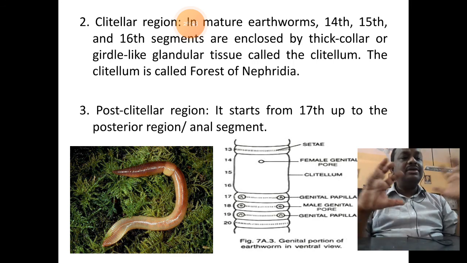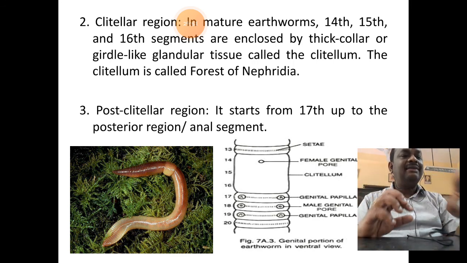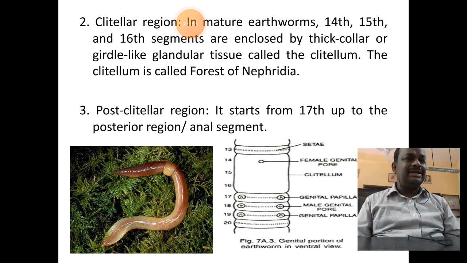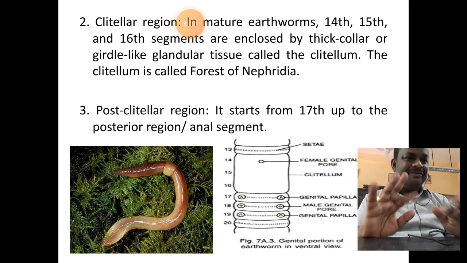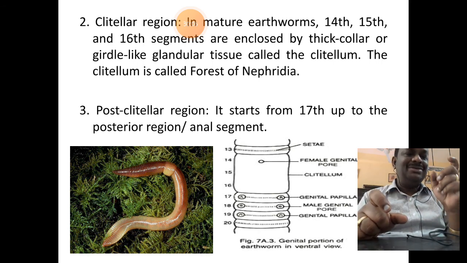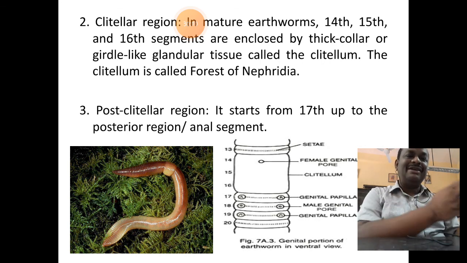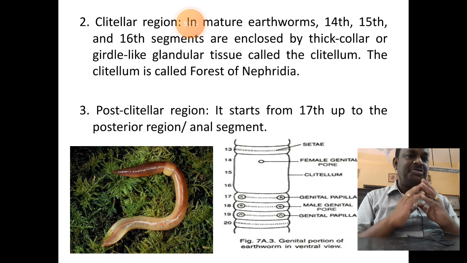So, more nephridia are seen at the region of Clitellum to remove all those excretory wastes. And hence Clitellum is commonly called the forest of nephridia. It's a very important term to be remembered. Clitellum is commonly called as what? Forest of nephridia because of its glandular and high metabolic function.